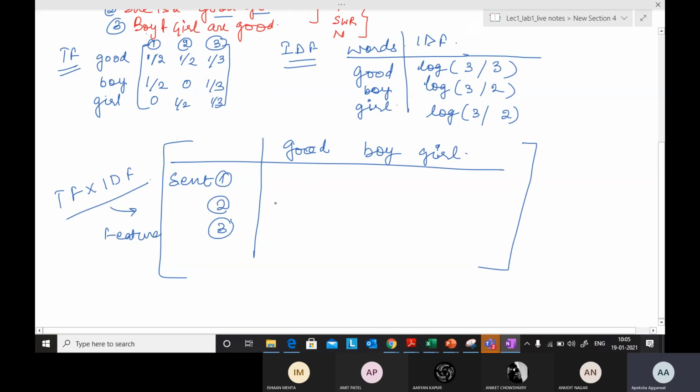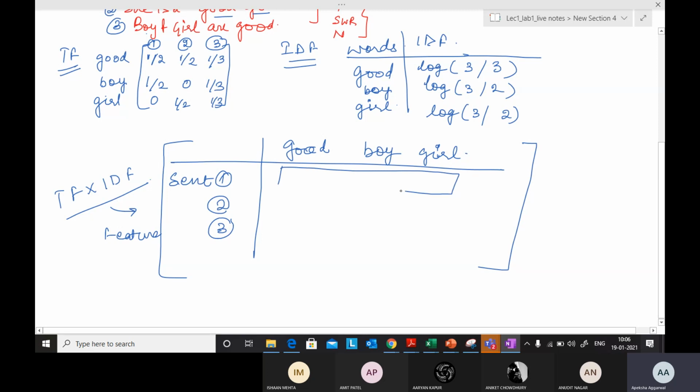So let's see. Here what we have to do is multiply this good for the first sentence with this good. For the first sentence we have 1 by 2 value over here. So we multiply this to get this first row over here.